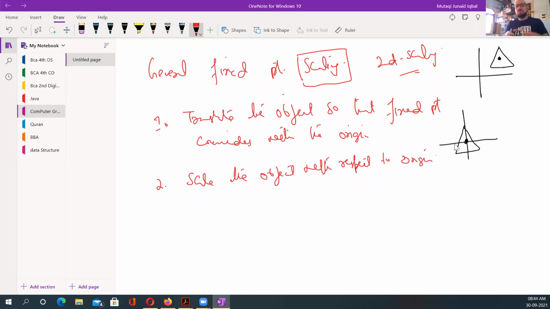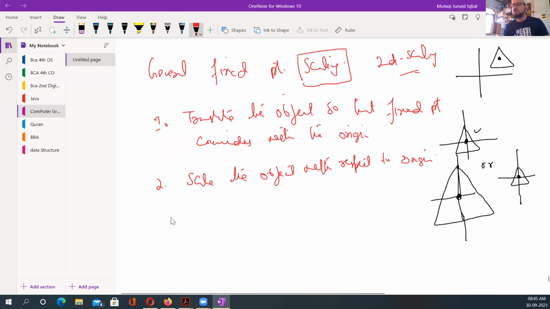I either want to make it bigger or smaller. Say for example, in this case, I just want to make it bigger. So maybe I'm scaling it up, making it a little bigger, or alternatively I could make it smaller. So either bigger or smaller than the original. You are scaling it, but you are doing it at the origin.